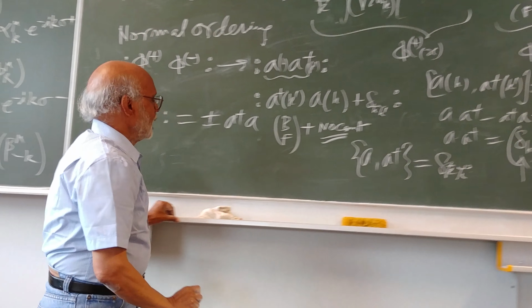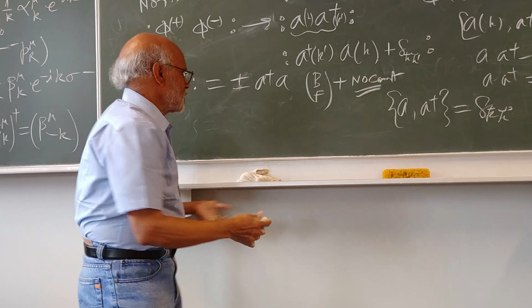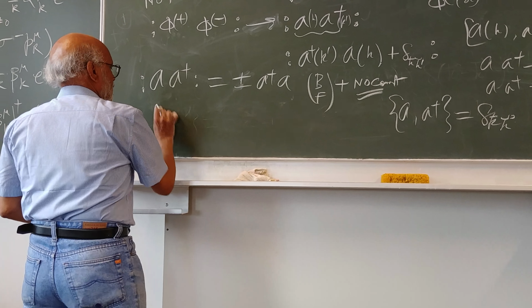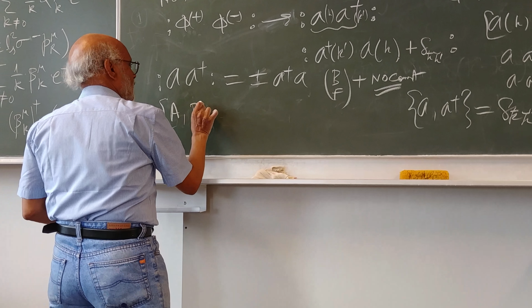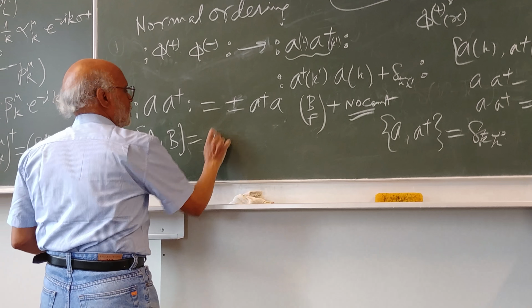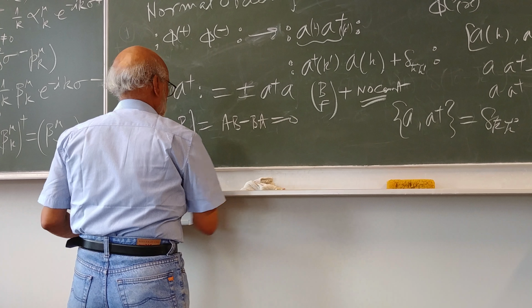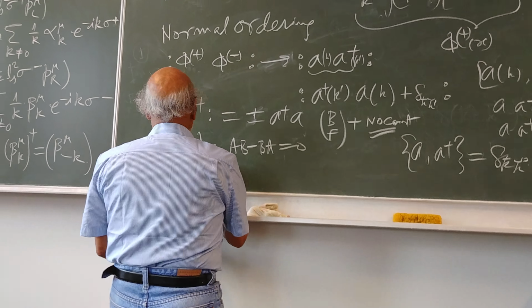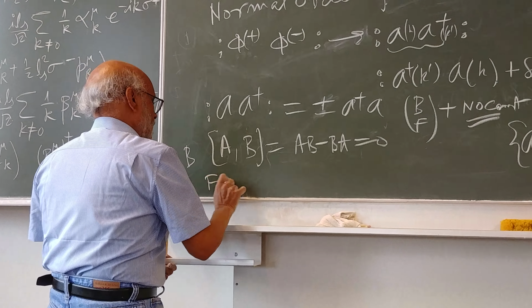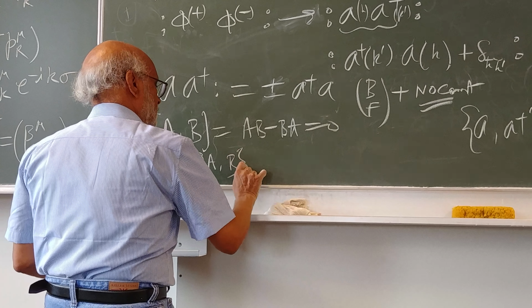But if they are fermionic, they would pick up the minus sign. This is just by definition: bosonic variables commute, so AB minus BA equals 0, whereas for fermionic variables A and B, they anti-commute.